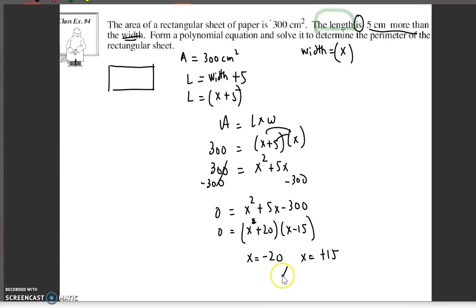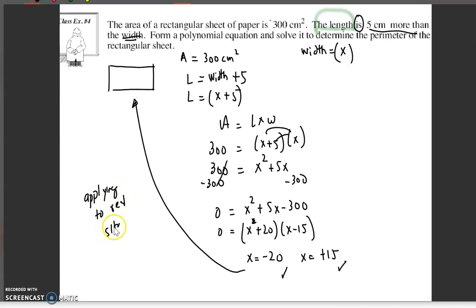So mathematically, these are two correct answers, but because this is an application question, we're applying this answer to a real situation, then we need to think about if both these answers make sense or not. So can my width be negative 20? Well, no. Width can't be negative numbers. So because of that, you would have to reject this answer. Put that x back in the scenarios.